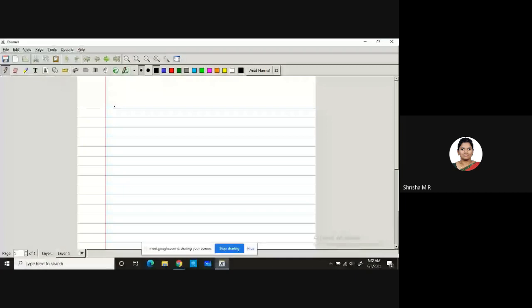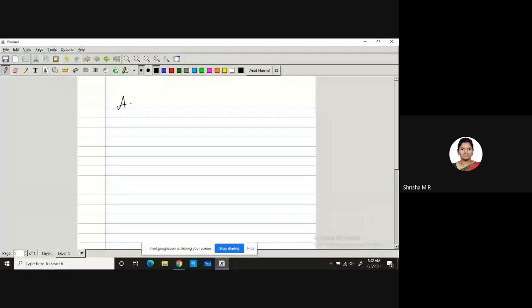Okay. So we'll try to work the associative property now. Now are you able to view the screen? Yes, ma'am. Okay. So associative property of convolution.